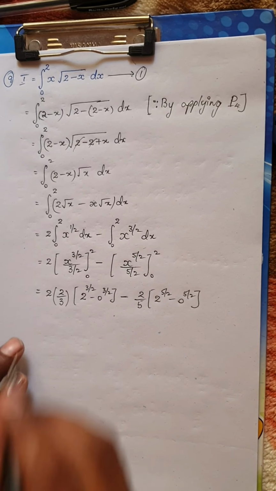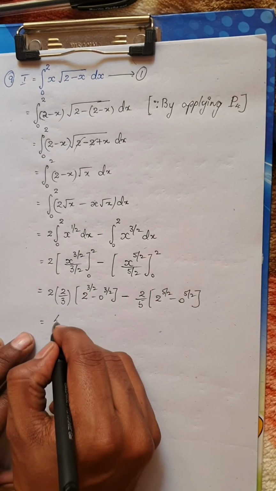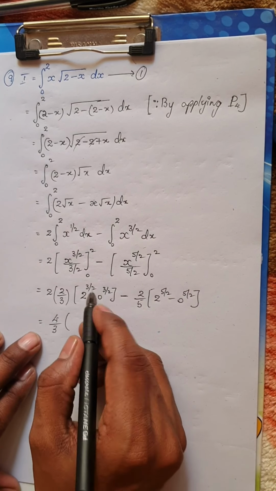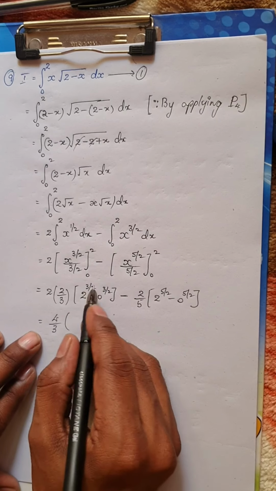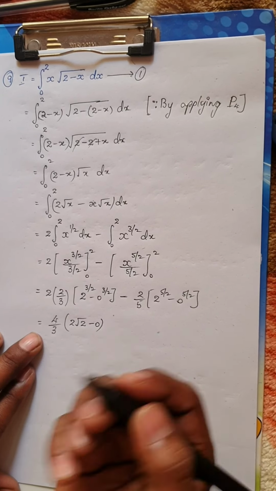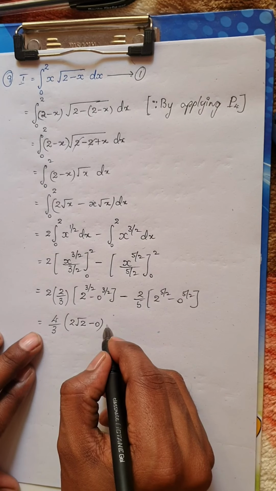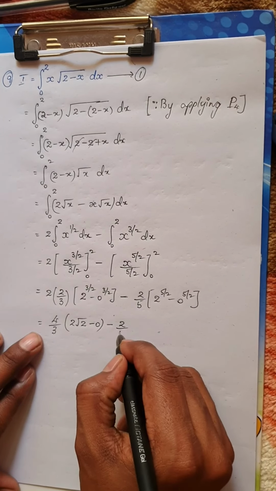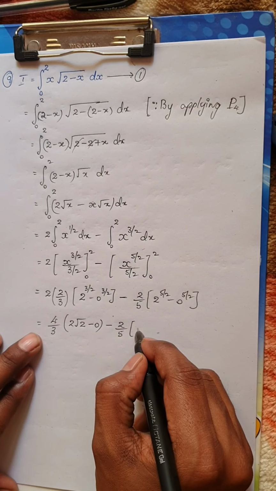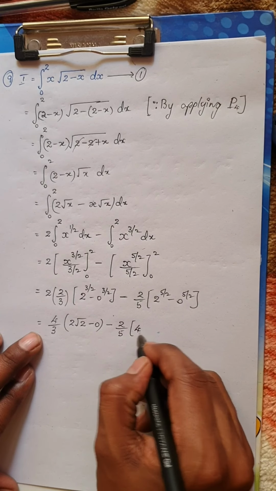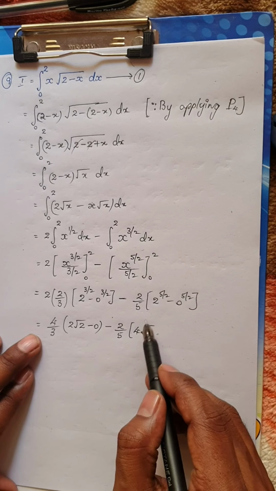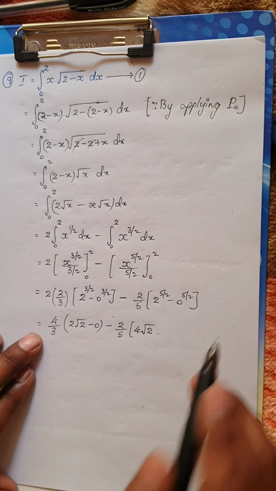Basic calculations. 2 2s are 4 divided by 3 into, 2 power 3 by 2 is 2 and a half... that is nothing but 2 root 2, and 0 power anything is 0, minus 2 power 5 by 2, which is 2 square into root 2, that is 4 root 2, minus 0.